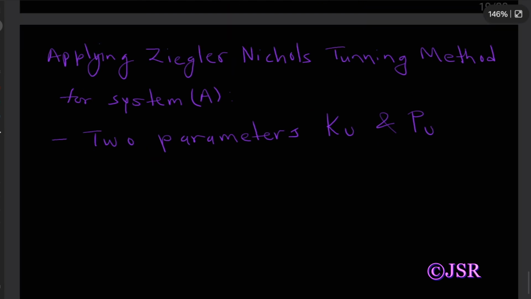To find these two parameters, we have to find the crossover frequency, and for the crossover frequency we need the expression for phase shift, and to find Ku we need the gain margin.